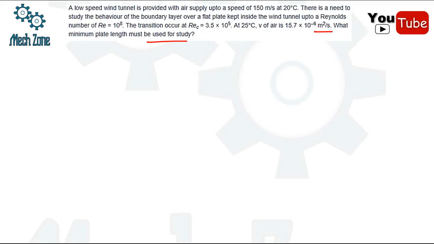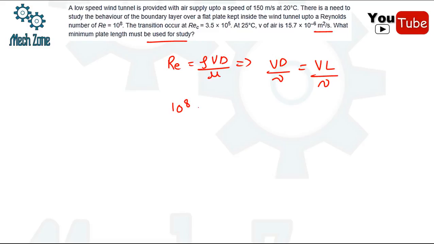So for the minimum plate length, we will use the Reynolds number, that is Re, equals rho VD upon mu, or we can also write it as VD upon nu. Here we will not take diameter, we will take length, so VL upon nu. So Reynolds number has been given as 10 to the power 8.